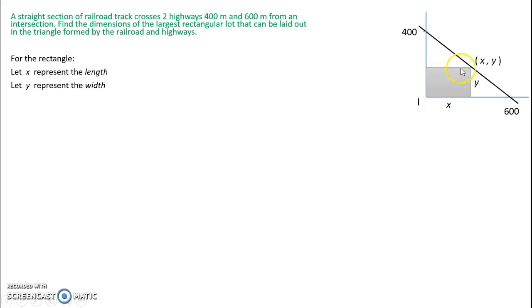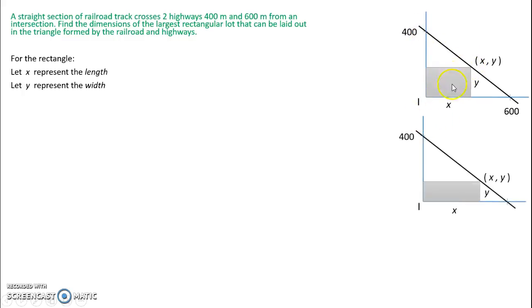What you notice here is that this point is actually x and y, because it's determined by the length and the width of this rectangle. The intersection is located at 0, 0, which is the origin. If we consider this to be a Cartesian plane, this would be 0, and this is 600 and 400.